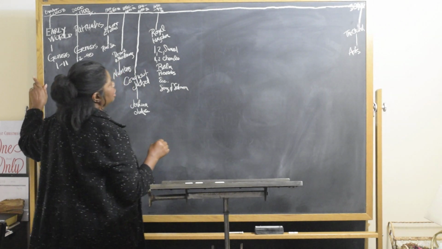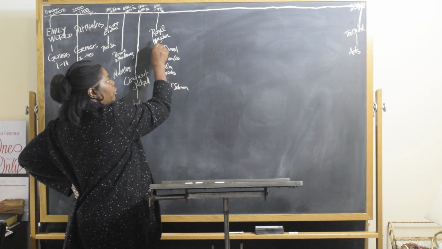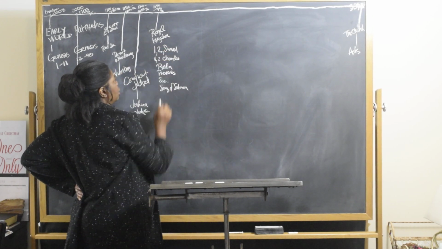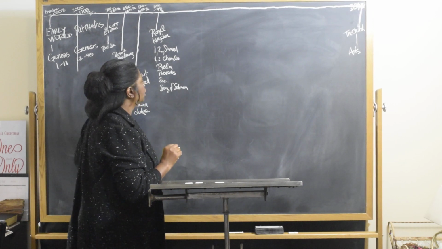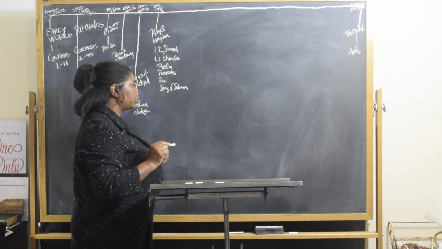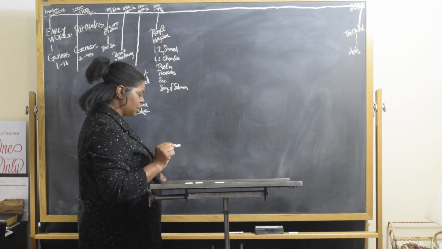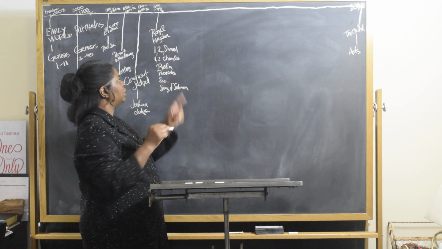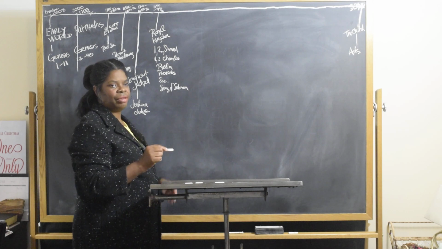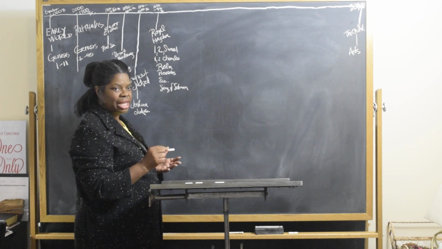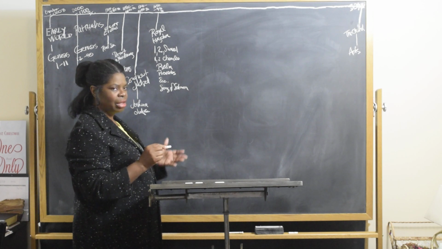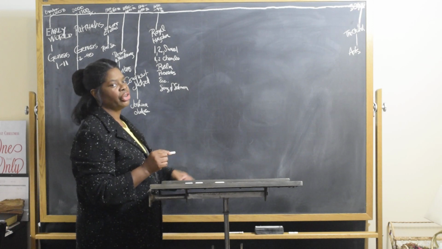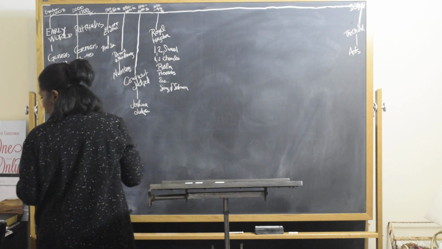Okay, so that's the royal kingdom, the period in which the royal kingdom was established. The book of 1st and 2nd Samuel, the book of 1st and 2nd Chronicles, the book of Psalms, the book of Proverbs, the book of Ecclesiastes, and Song of Solomon. Okay, so the royal kingdom, of course, ends with King David and his son Solomon, and then we go on from there. Okay, the royal kingdom period, 1050 to 930 BC.